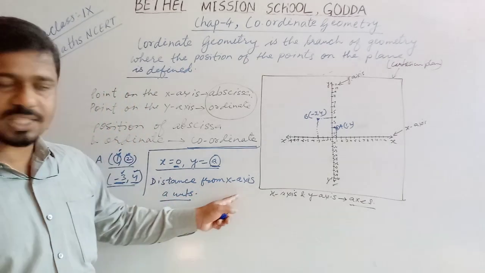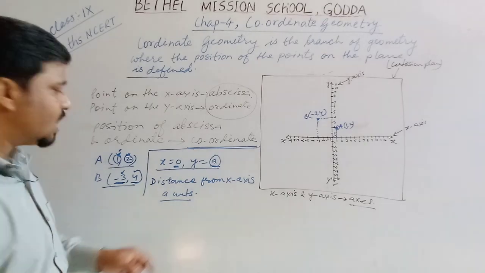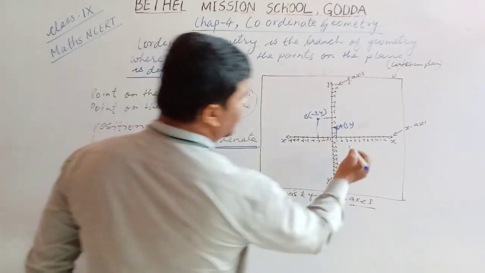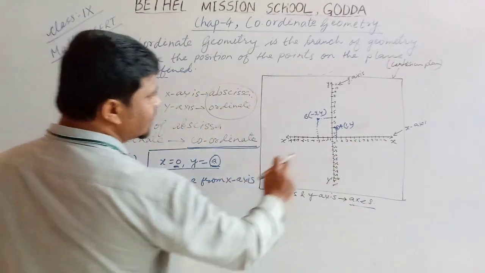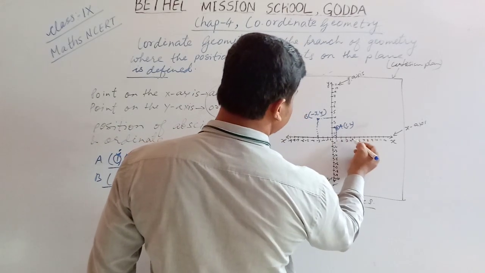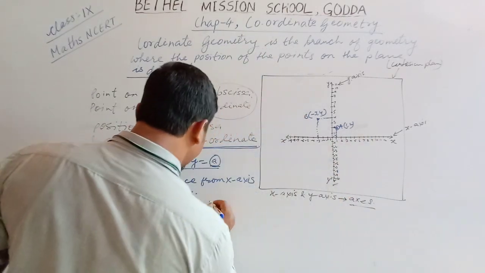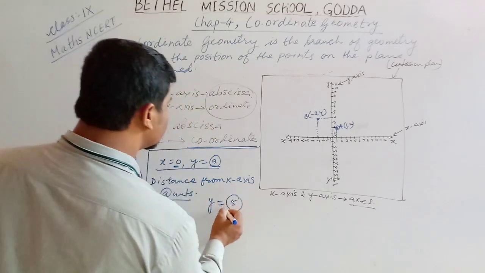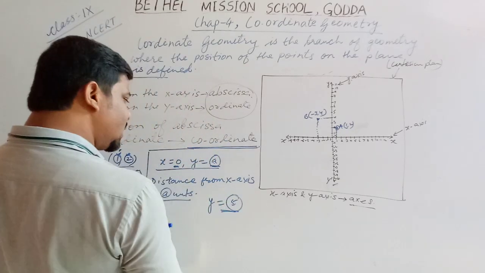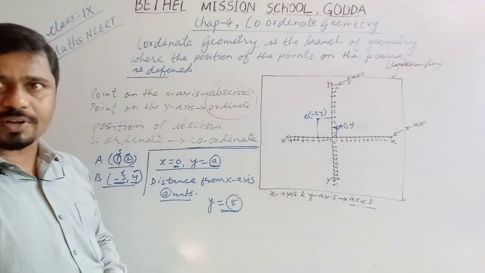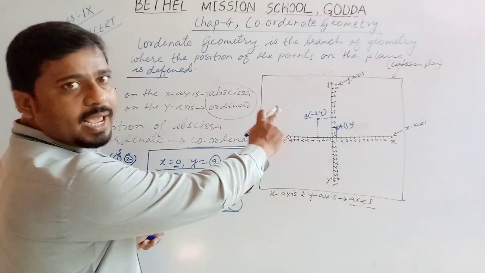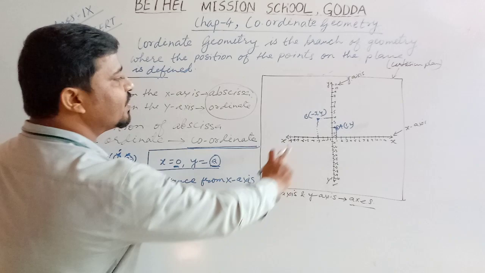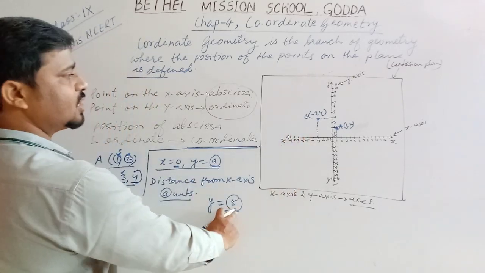Suppose y equals 5, then the distance is 5 units, and we take this distance from the x-axis. So it is the distance from the x-axis, and that is 5 units.